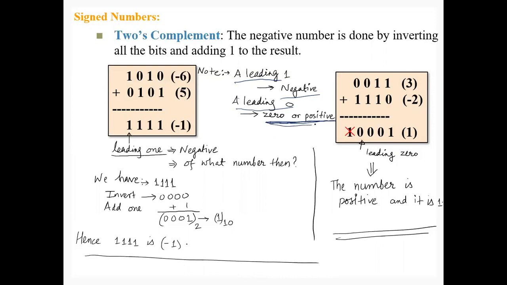So in this sense, this number system considers 0 as positive in some way, but it doesn't matter. Since this is a leading 1 here, this is negative. Since here a leading 0, this is positive. That's what I'm trying to say.